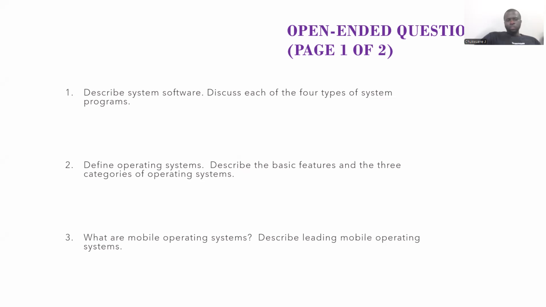The first one is: describe system software and discuss each of the 4 types of system software, which are operating systems, utilities, and so on. Then define system software and describe the basic features in the 3 categories. What are the mobile operating systems? Describe the leading mobile operating systems, which is your Android.